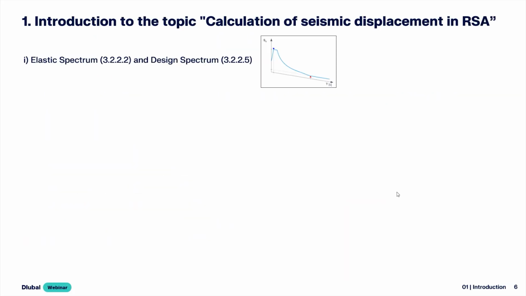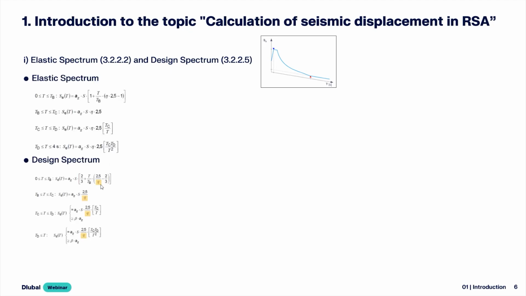Okay, let's jump now to a short review on the elastic spectrum and the design spectrum in these sections. For the Eurocode 8, we have these two concepts for our curve for acceleration ordinate in the spectrum. We have two possibilities, the elastic spectrum and the design spectrum, with the big difference that the design spectrum contains this letter q, which has the name behavior factor.